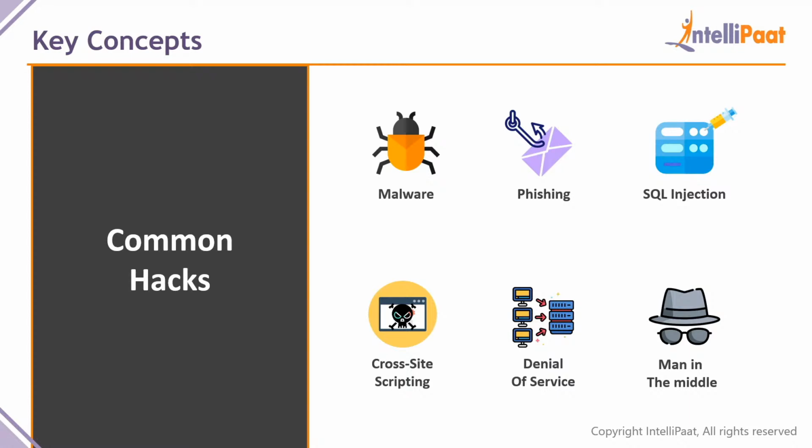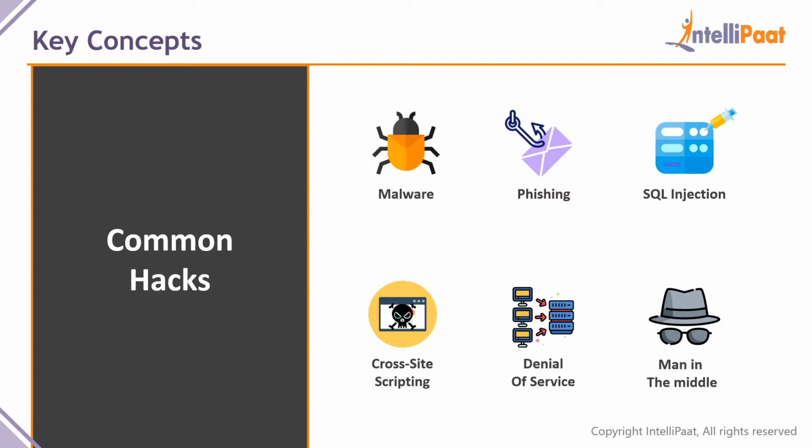So the hacker will simulate such an attack where more than 100 users, or more than 1,000 users, or more than 1 million users try to access your website at the same time, and it will basically crash your server, causing your business to go into downtime. So this is what denial of service is. The customers will not get access to that service; they will be denied that service.